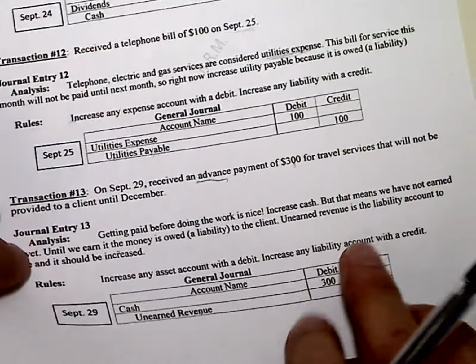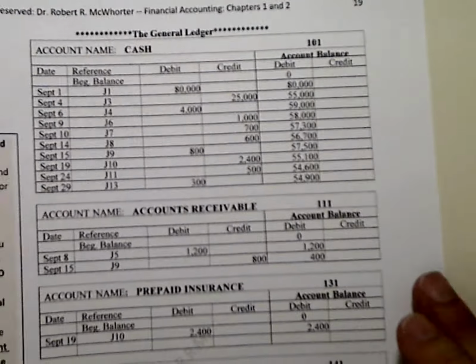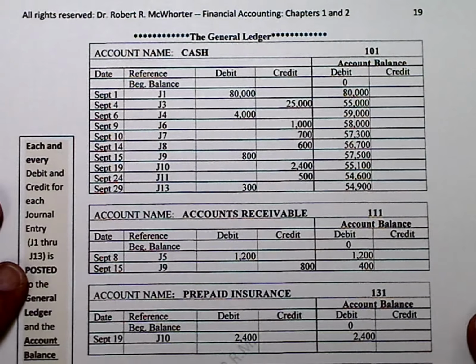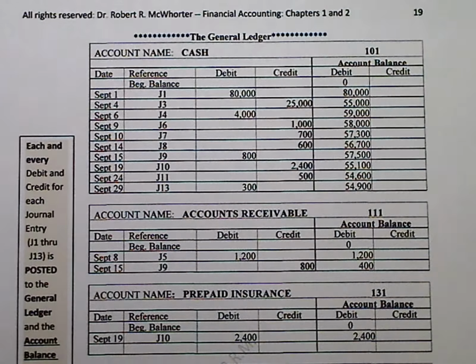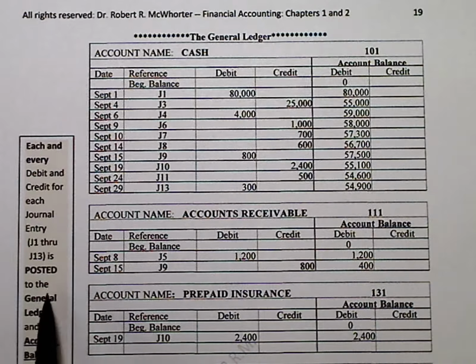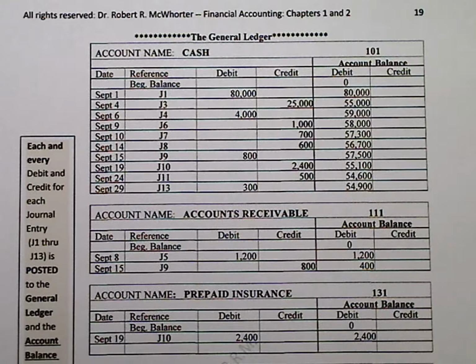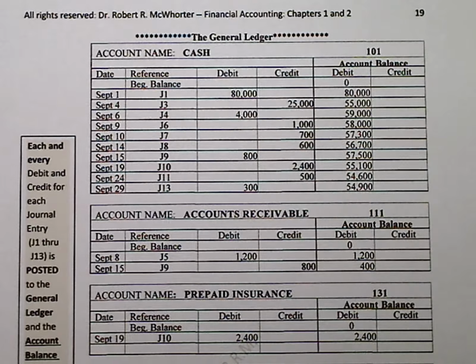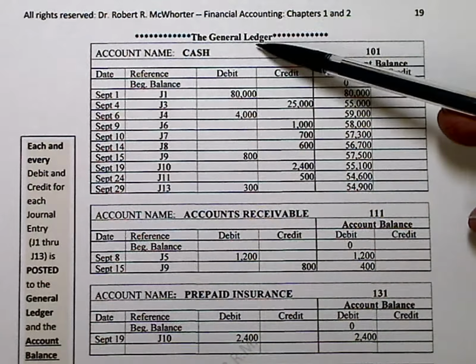Okay, now, those were the journal entries, 13 journal entries. Recall, what is it that we do after we make the journal entries? We have to post each and every one of those debits and credits. Every one of those journal entries has to be posted to the appropriate general ledger account.